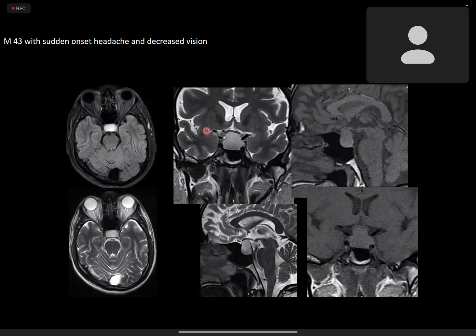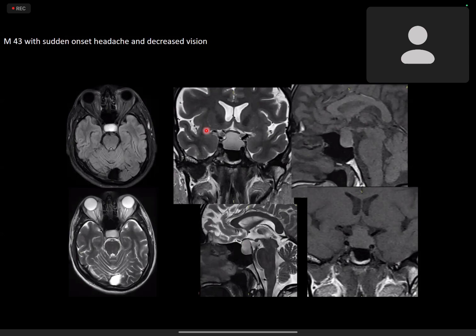It's seen compressing the optic chiasma cranially. On the left side, it is seen extending up to the lateral margin of the internal carotid artery. On the right side, it appears to be going till the intercarotid line.